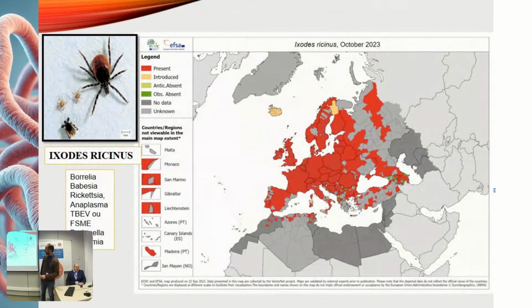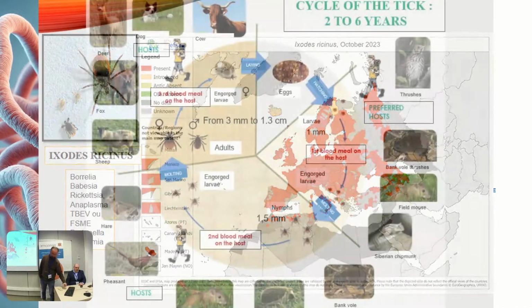But actually, it's very clear that in Spain and in the Mediterranean zone, there is the presence of Ixodes and the presence of Borrelia. So there is an evolution with the years.